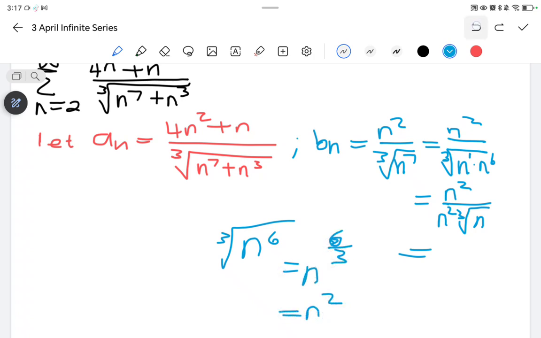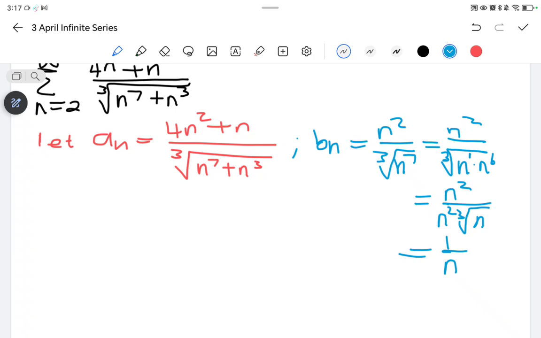You see, right? So it would go out as that. So it means that this is 1 over this. So I can erase all these, then I write my b of n as that.